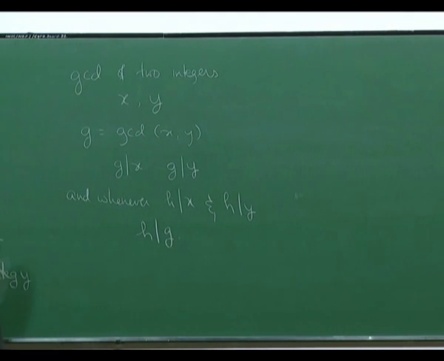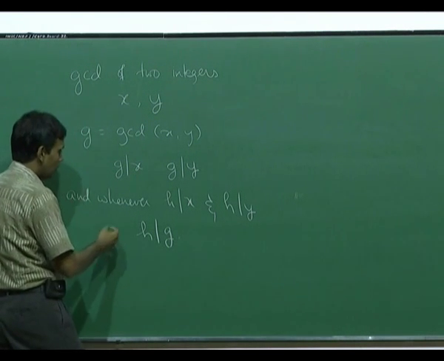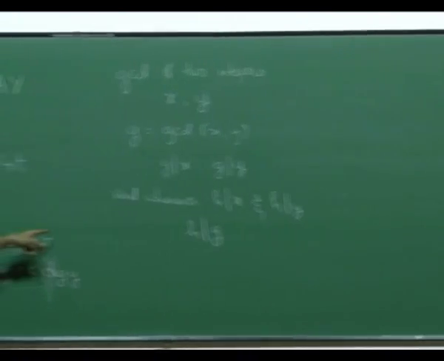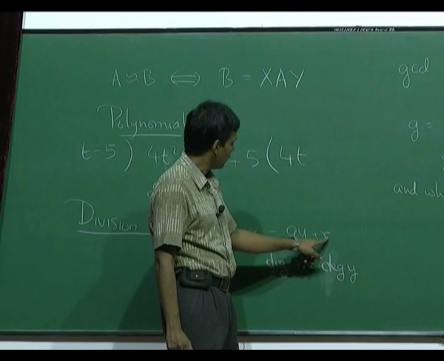And how do we compute this? We use again an algorithm from Euclid's textbook, which is that we start with x and y, then we take out the remainder, and then we take this remainder and x.